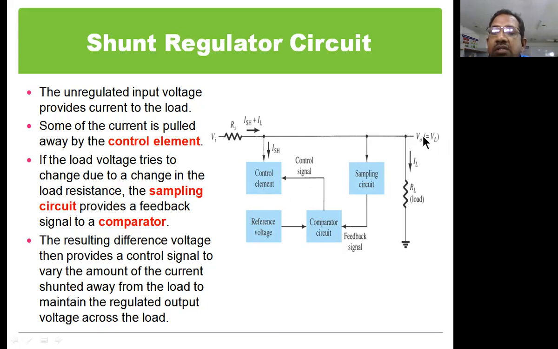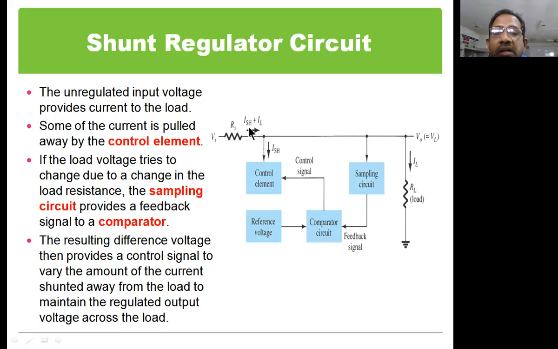The sampling circuit has taken more voltage than the threshold, and the control signal increases. Because of this, ISH flowing through the control element increases. This ISH finally goes to the ground. Therefore, the current that flows to IL is going to decrease.